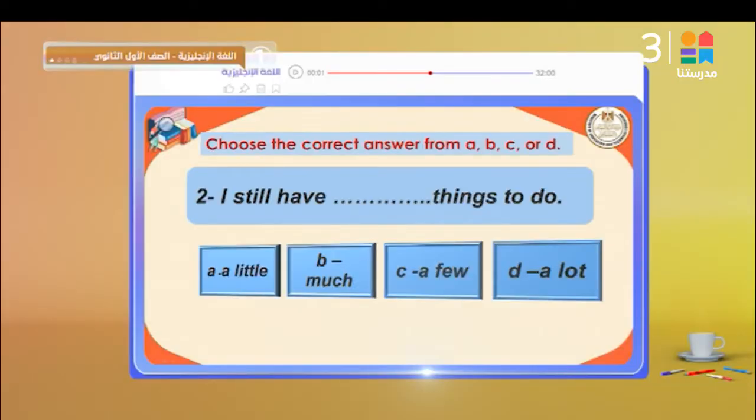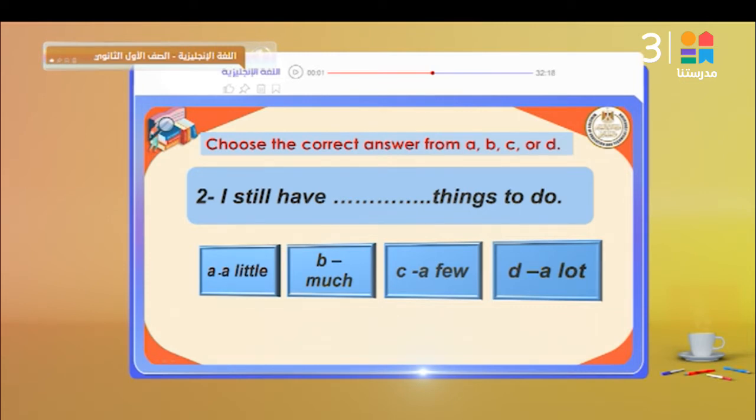Question number 2. I still have things to do. Look at the word things. It has plural S. So it's a plural. It's a countable noun. So what can we use in front of it? Can we use a little, much, a few, or a lot? Which word can be used with countable?